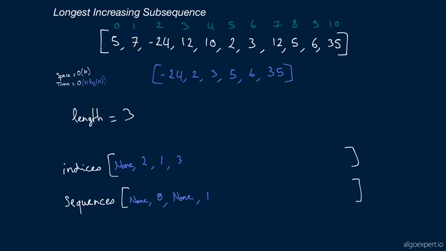Therefore, because 7 is less than 10, anything that comes before this 1 here, we can just ignore. Why can we ignore it? Because we know that 7 is less than 10. So 10 can come after 7. We can add to this increasing subsequence that ends in 7. We can add the number 10.